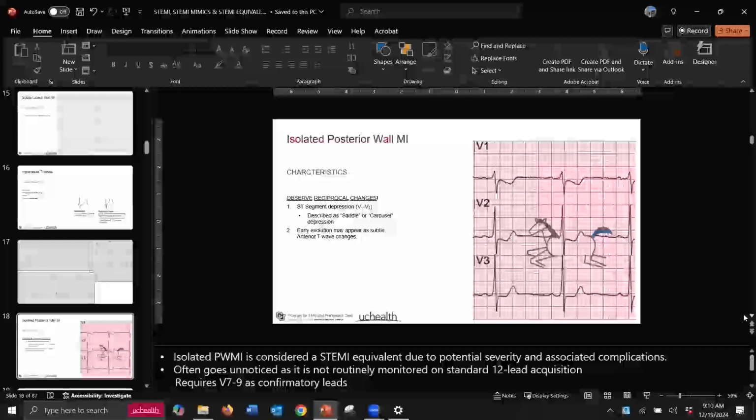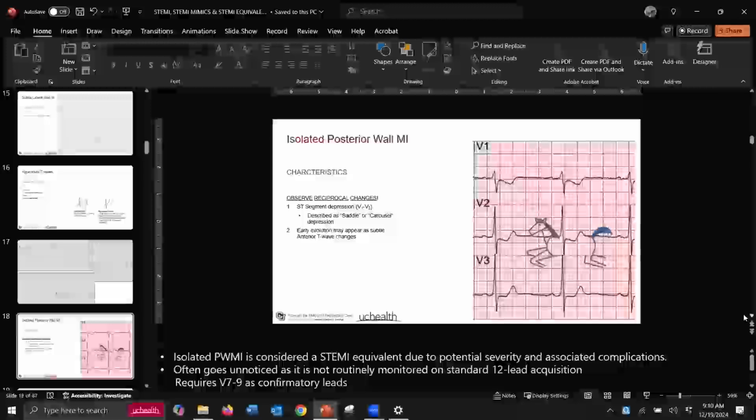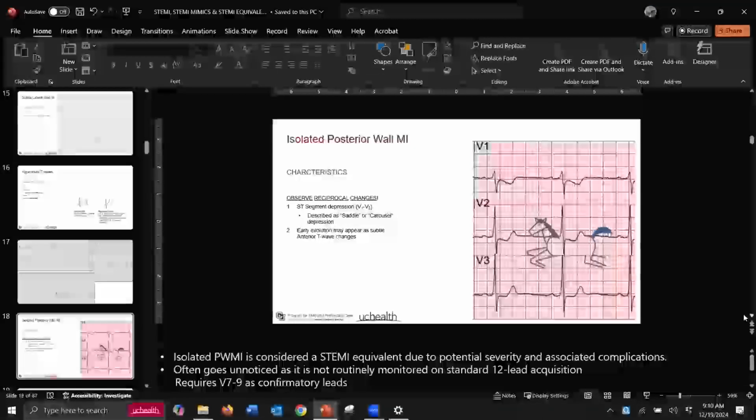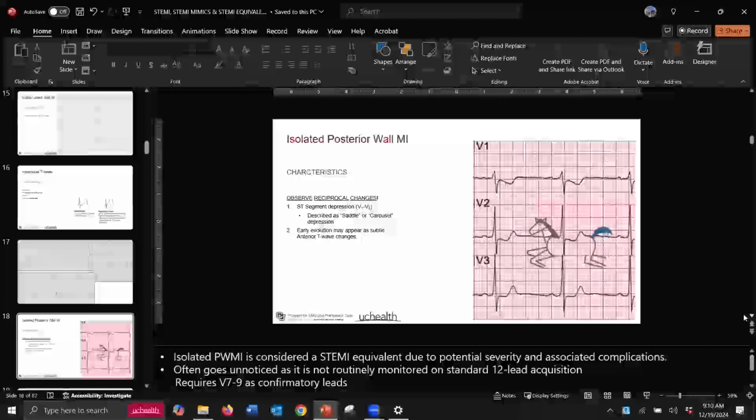We used to call that the window theory because we don't have posterior leads. We're seeing reciprocation. Okay. So if we think about our ST segments in either elevation or depression, they need to be flat and elevated or flat and depressed.